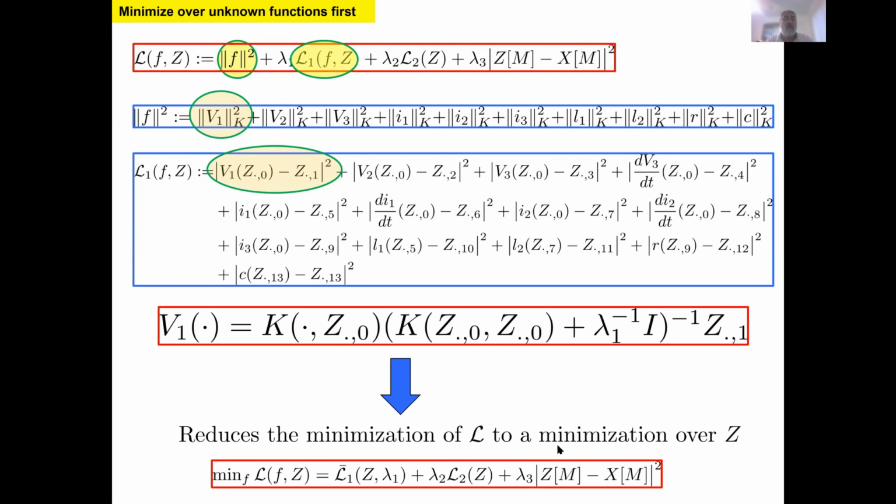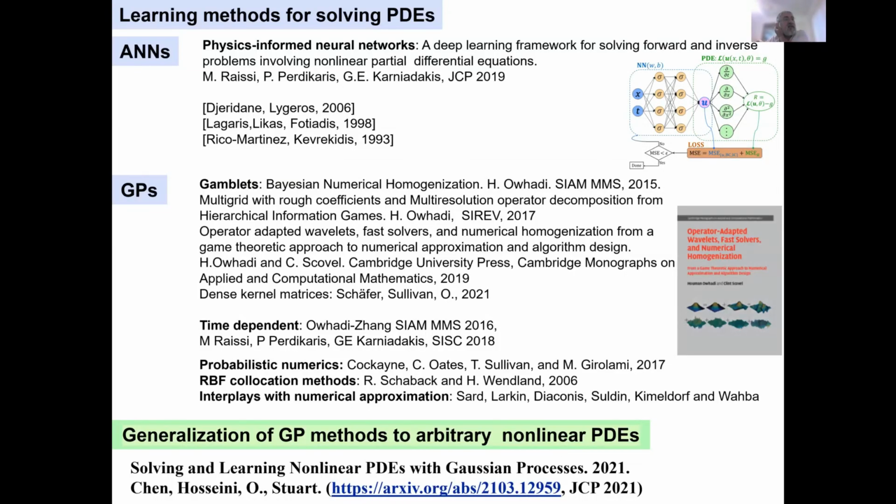Okay, now as our second example, we are going to formulate the problem of solving and learning nonlinear PDEs as a computational graph completion problem. This formulation is a reinterpretation of the Gaussian process method introduced in this joint work with Yifan Chen, Bamdan Hosseini, and Andrew Stuart.